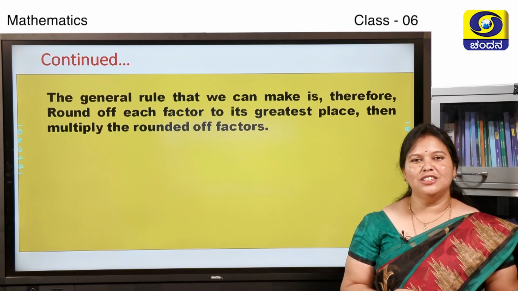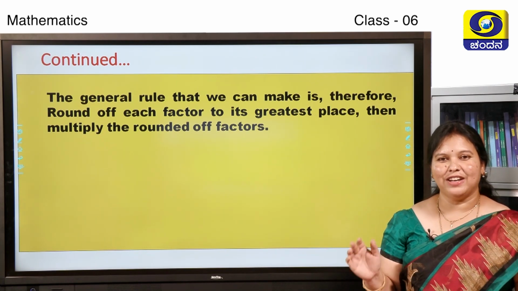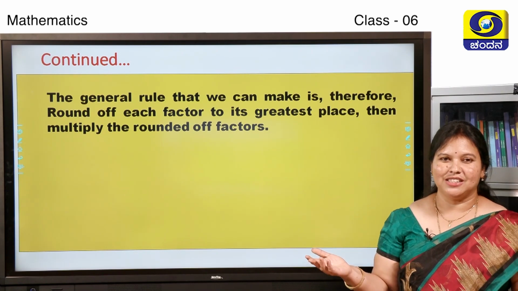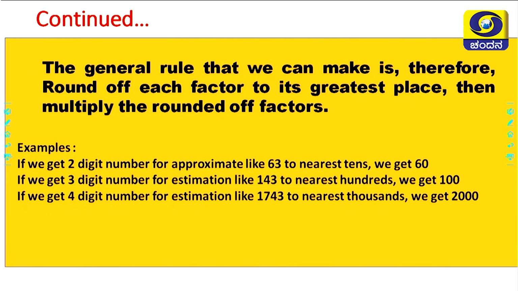Now, the general rule that we can make is, therefore, round off each factor to its greatest place, then multiply the rounded off factors. For example, if we get a 2-digit number for approximation like 63 to the nearest tens, we get 60. If we get a 3-digit number for estimation like 143 to the nearest hundreds, we get 100.